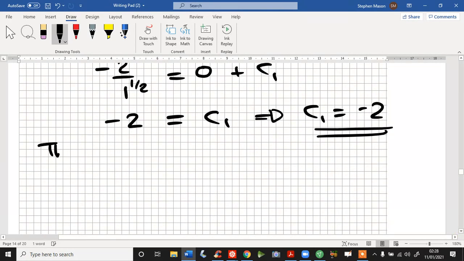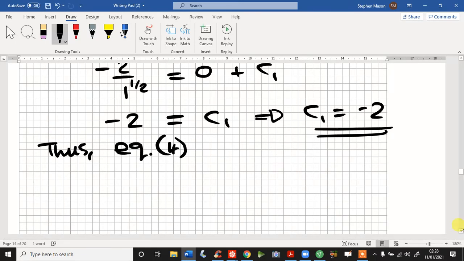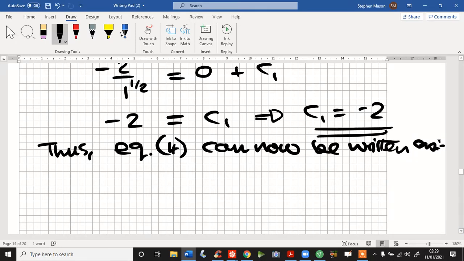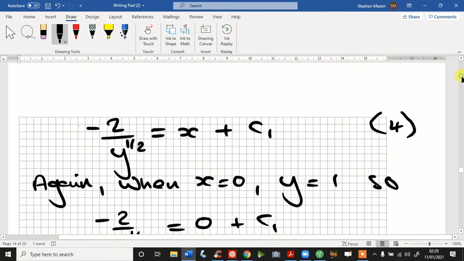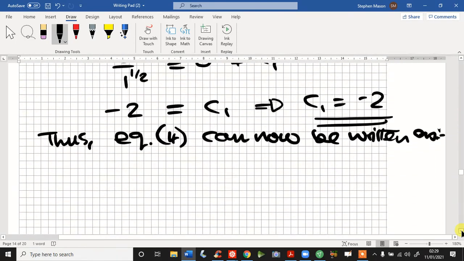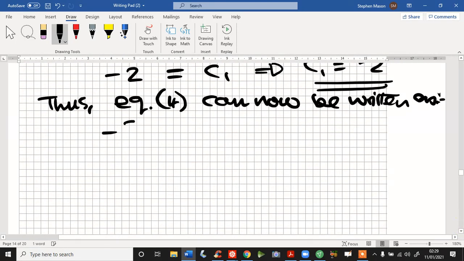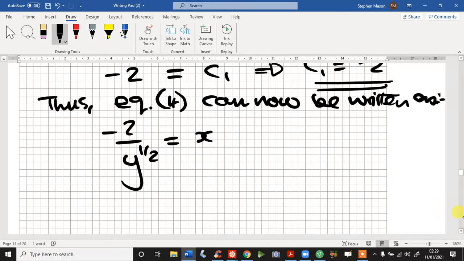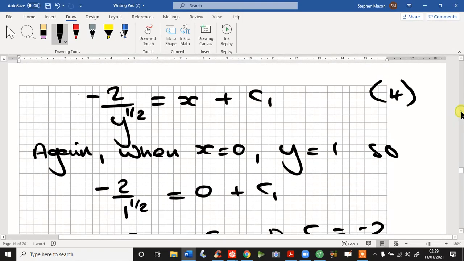Thus, equation 4 can now be written as minus 2 over the square root of y, minus 2 over y to the power half equals x minus 2. Is that right? Yeah.